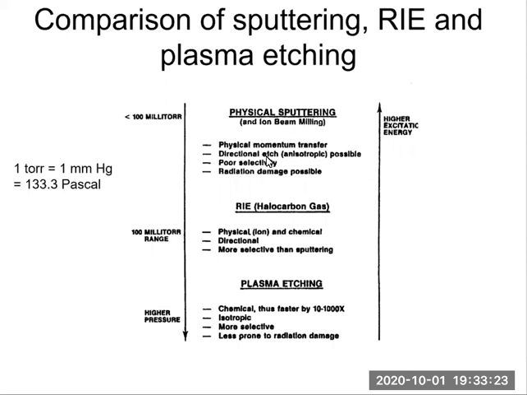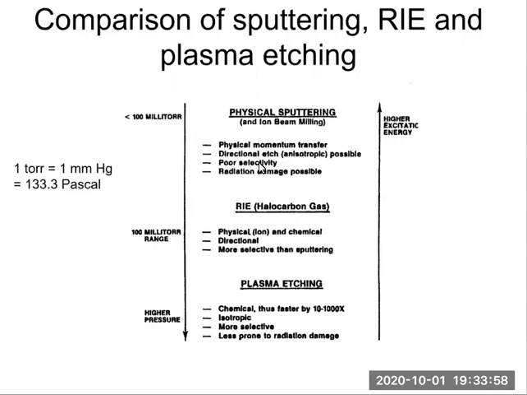First is physical sputtering, including ion beam milling. This is based on physical momentum transfer, so there is no chemical reaction. It's a pure physical process. And the sputtering, the etch, could be directional, because we can control the incident angle of ions, for example, vertically.